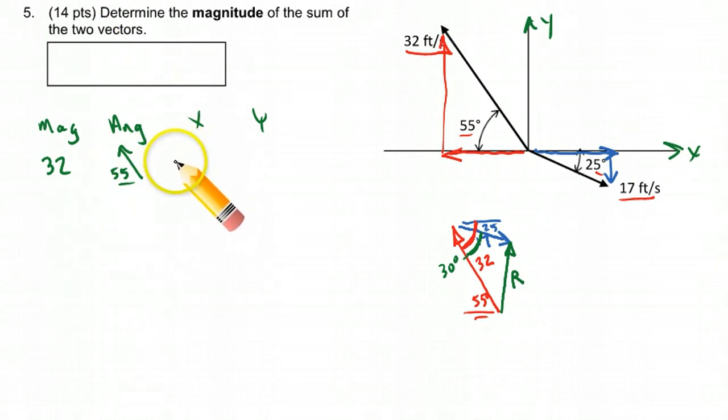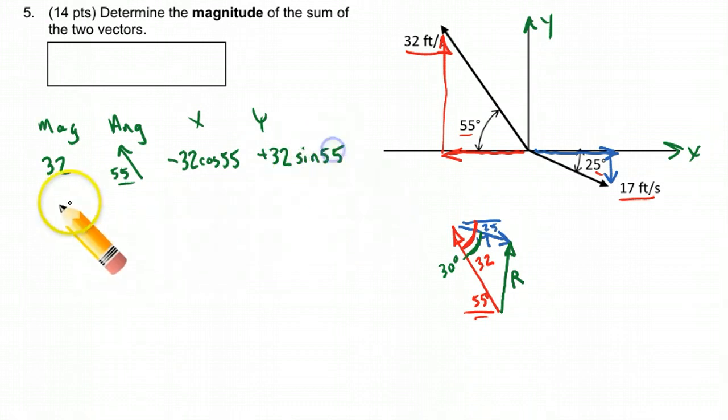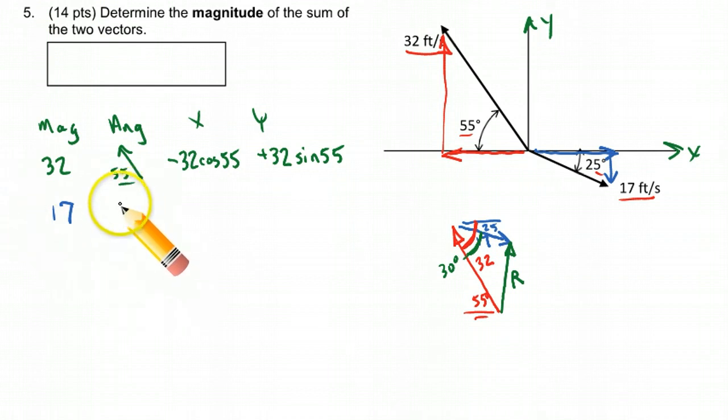So we said negative in x, so negative hypotenuse. X is adjacent to the 55, so we'll use cosine 55. The y we said was positive, upwards. It's opposite, so sine of 55. Okay, 17 is the magnitude of that second vector.